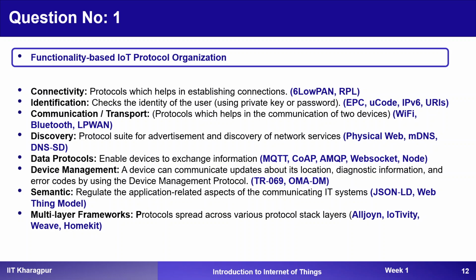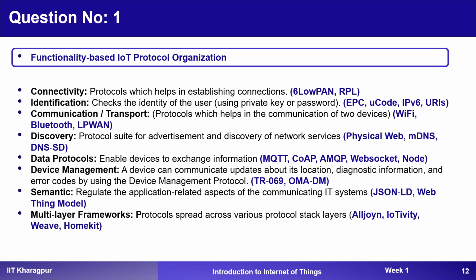The next one is your identification protocol. These identification protocols check the identity of the user in your network. Consider an example that we have a network where any device cannot participate. We need only certain devices which can participate in that network.